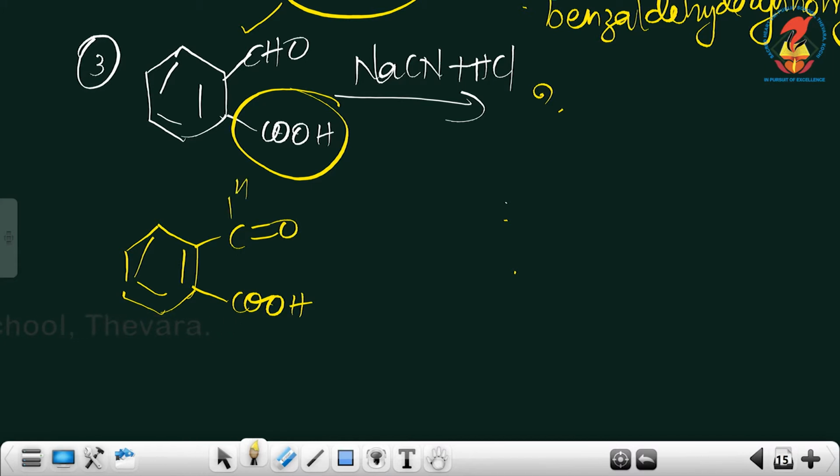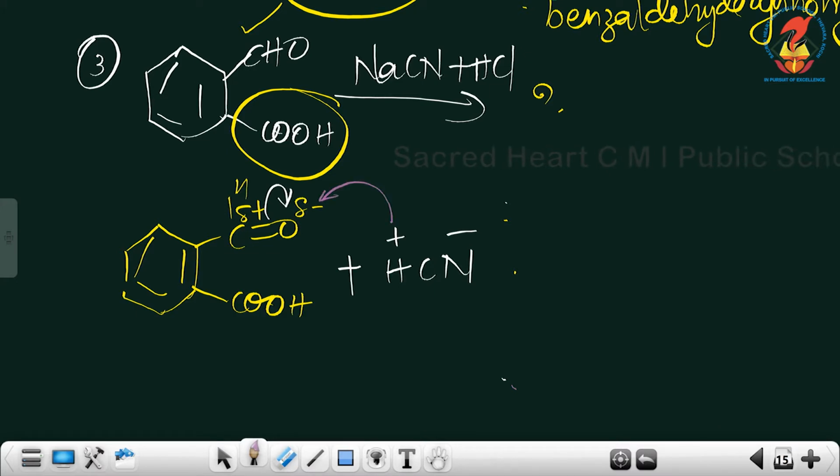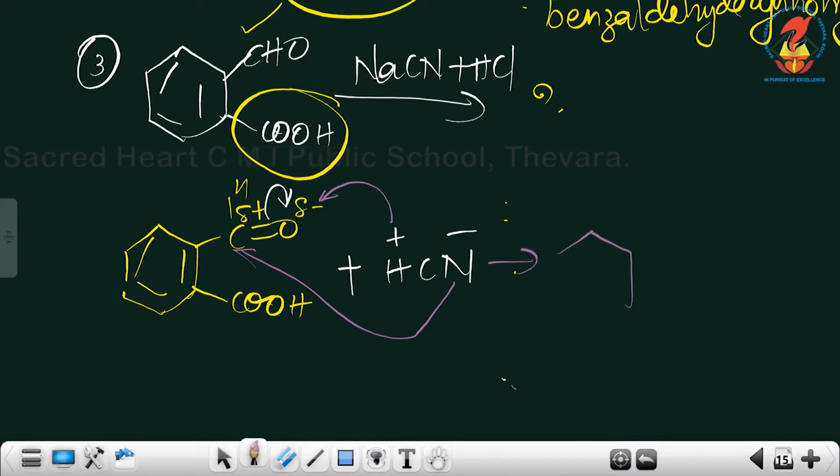C double bond O, delta minus, delta plus, shifting towards oxygen, plus instead of this NaCN and HCl we can write HCN itself now. HCN ionization is H plus and CN minus, and H plus will be attached to the negative center, that is oxygen, and CN minus will be attached to the carbonyl carbon, that is the positive center, and we will be getting the benzaldehyde ring, no change.